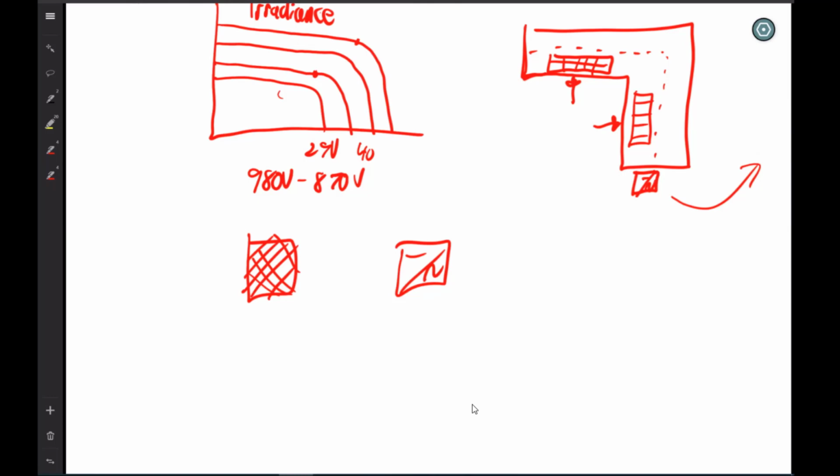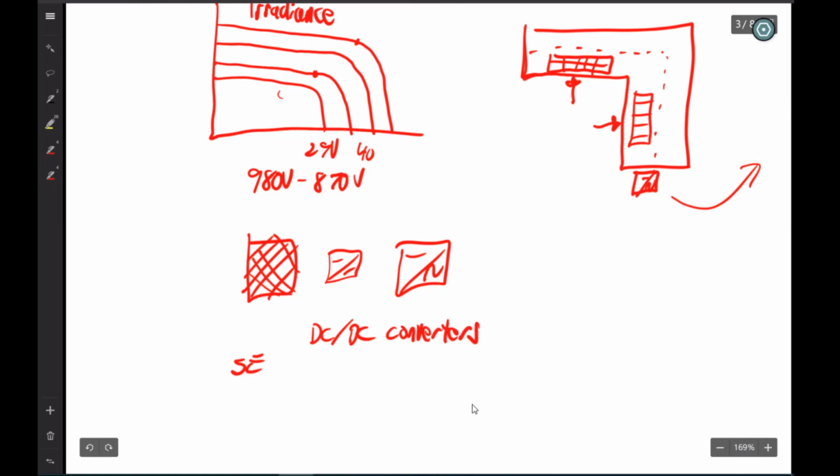The code calls them DC to DC converters. That might be in here that you might want to do. Sounds a little funny, DC in, DC out. There's a company called SolarEdge that produces these, and they call theirs optimizers.